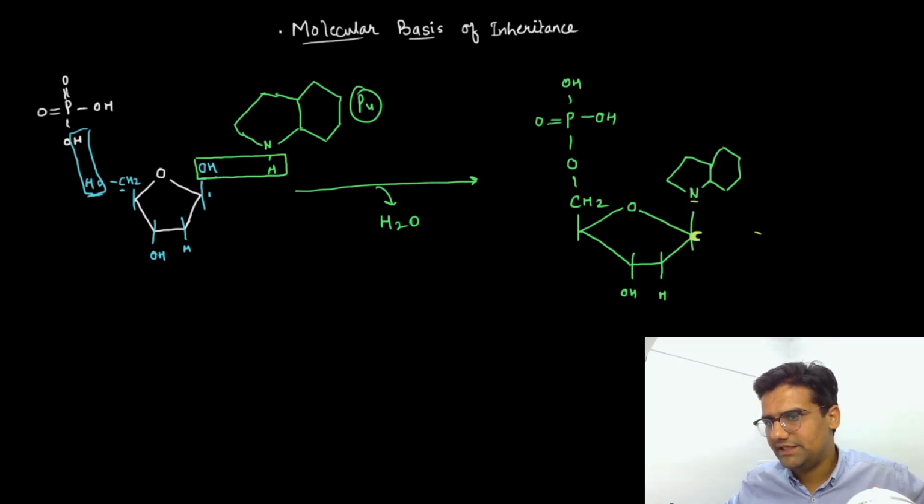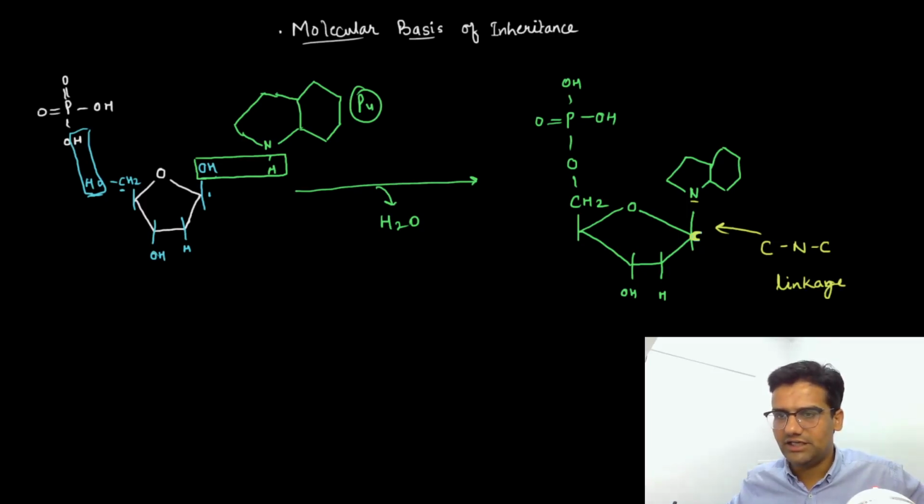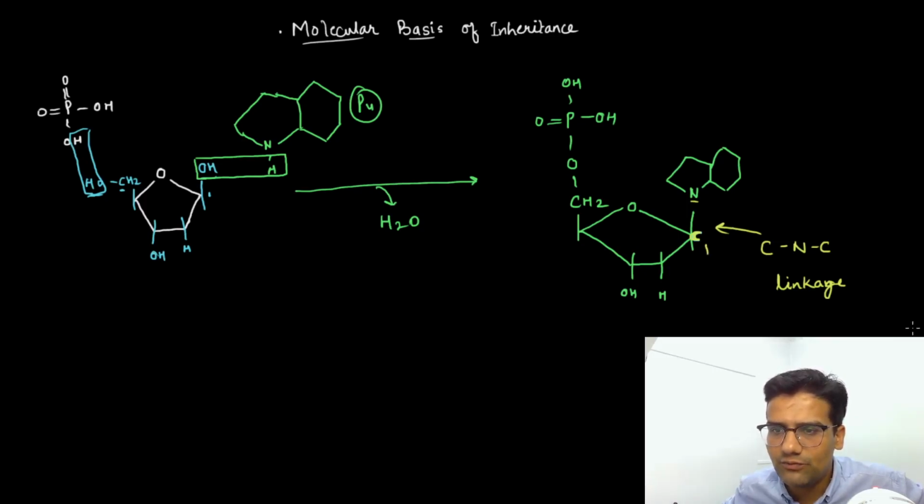This linkage here is what we call the CNC linkage, and it is basically a glycosidic linkage, from the first carbon of the deoxyribose sugar to the ninth carbon of the purine. So in the case of purine, it is a first carbon to ninth carbon glycosidic linkage.